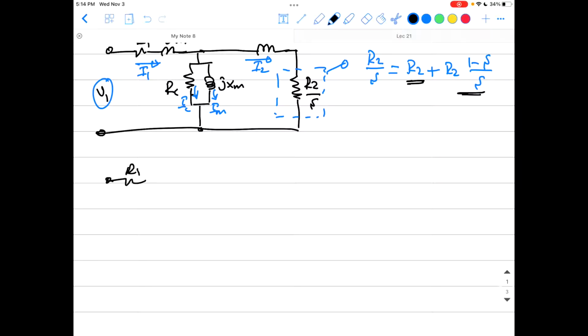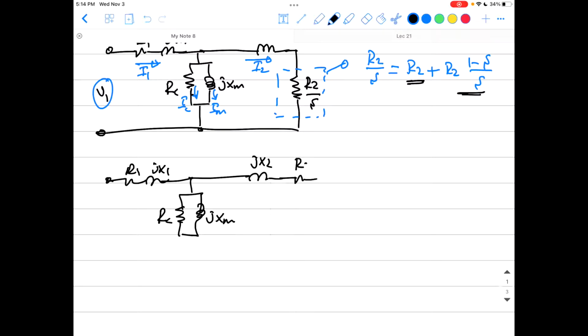That is R1, jX1, and here are the shunt elements, Rc, jXm, and here the rotor side, jX2 and R2, and here is R2 multiplied by (1 minus s) over s.